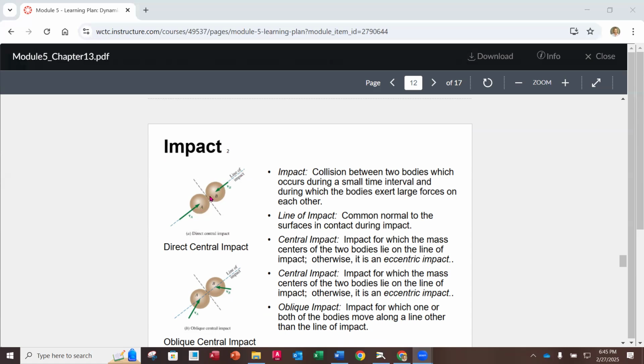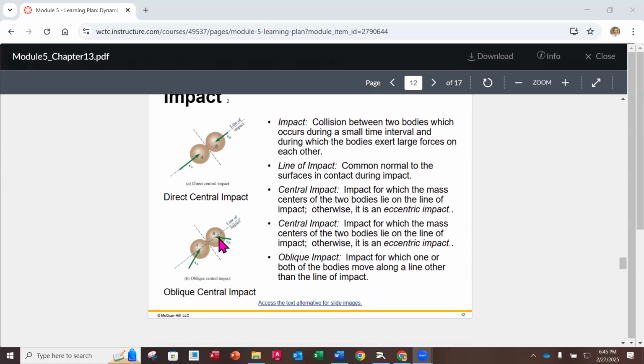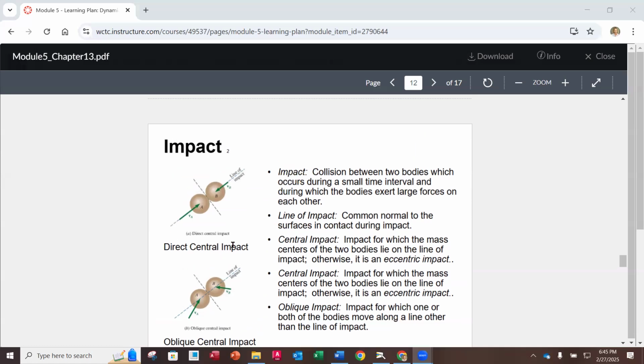So the centers, for instance, of these two balls are along the line of impact if we put them in direct contact. They can also have their velocities come in at a different angle. This is called an oblique impact. That means we're still along the line of impact with their centers, but they're coming in at different angles. Okay. What we're going to focus on is the direct central impact for the problems we're looking at.